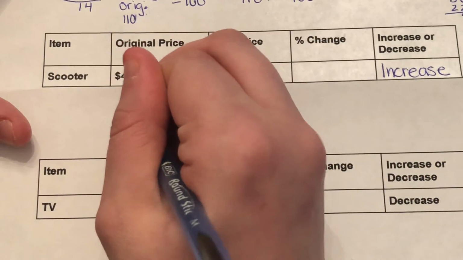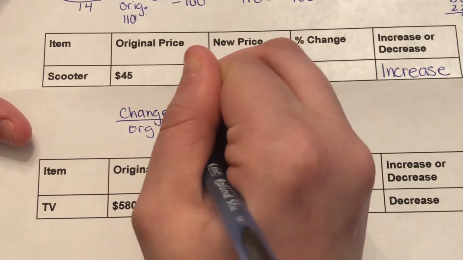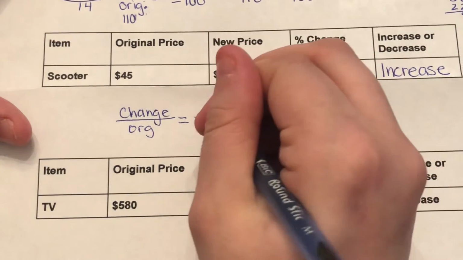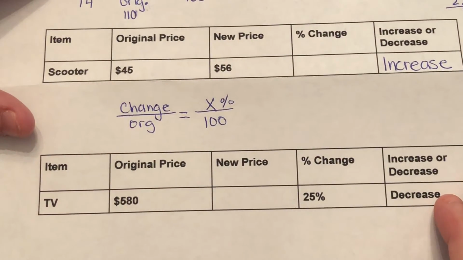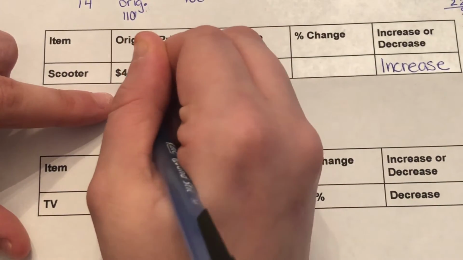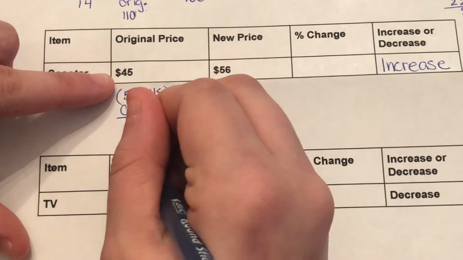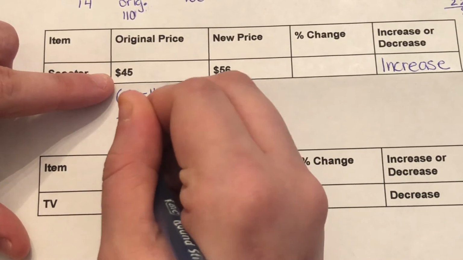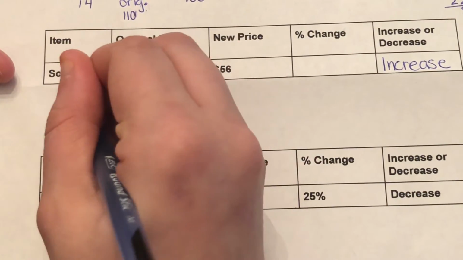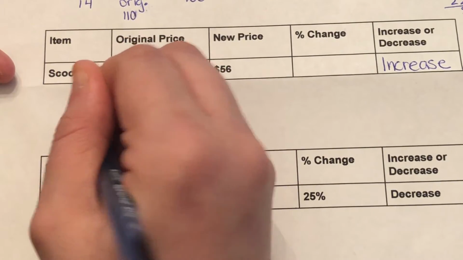You're going to write change over original equals percent out of 100. We don't know the percent, so that's where our X goes. Our change is subtraction, so 56 minus 45 goes on top. Our original price is what it started at, so we have our $45. Now I go off to the side and subtract 56 minus 45, and I get 11.